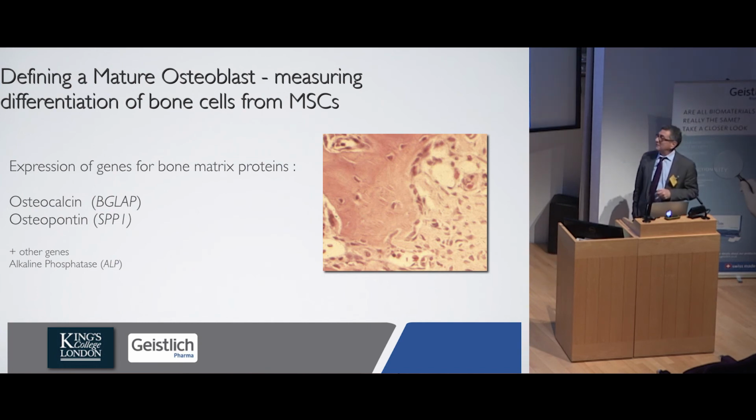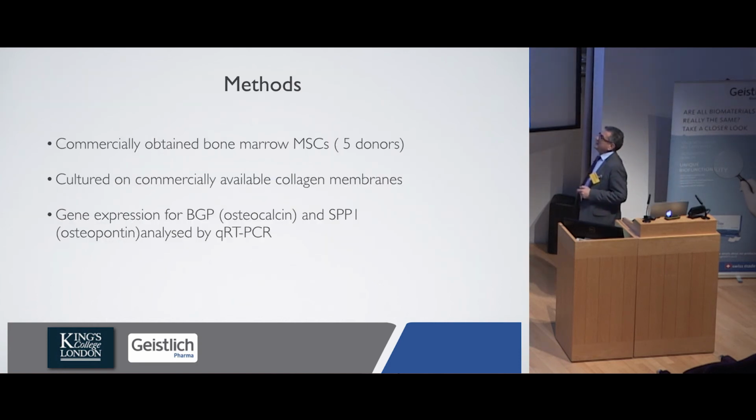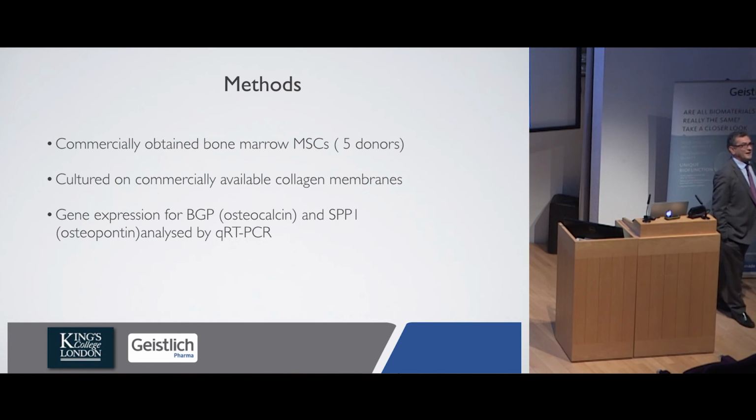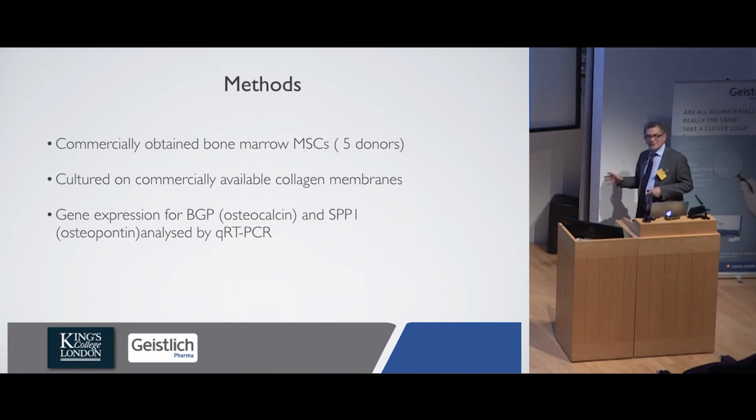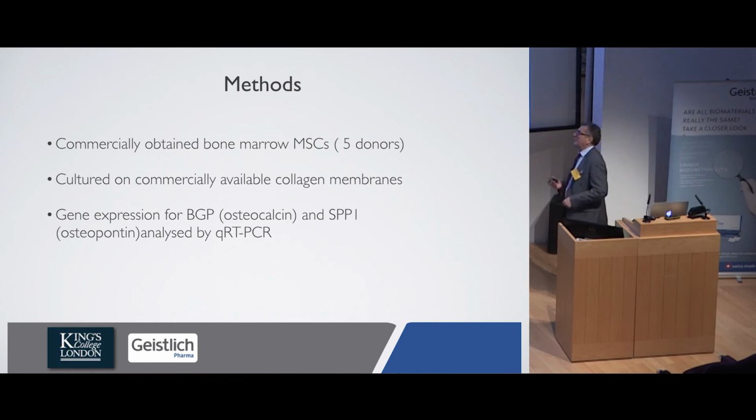And actually, the data I'm going to show you is really mainly with osteopontin, a bit on osteocalcin. And because of the nature of the data, we've done it on 5 different cell lines, because each cell line is a primary cell line. It's extracted from a human. You can buy these cell lines. They're very expensive, but less expensive than having to persuade someone to have an iliac crest biopsy for then growing their cells.